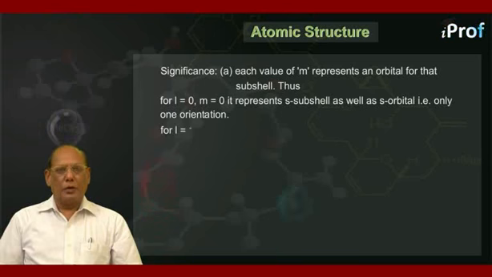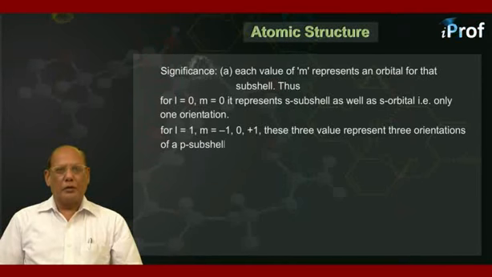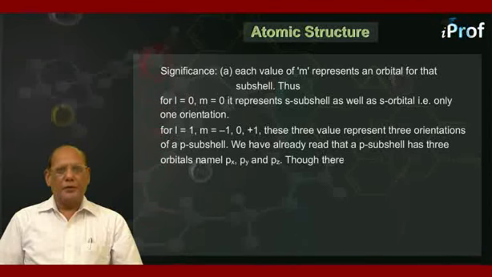For l equal to 1, m has got three values, minus 1, 0 and plus 1. These three values represent three orientations of a p subshell. We have already read that a p subshell has three orbitals, namely px, py and pz.